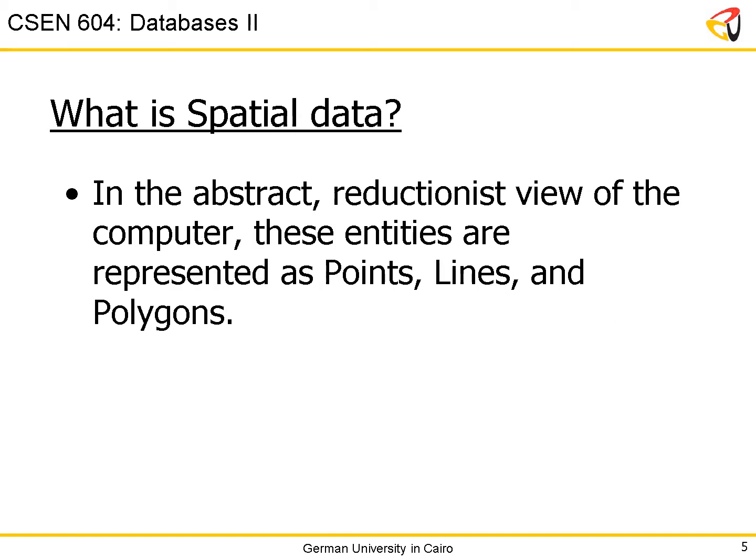Now, again, how do you represent this? Okay, we already understand that locations, or shapes of objects in a specific location, are included as spatial data. But how do you represent this inside a computer or inside a database?